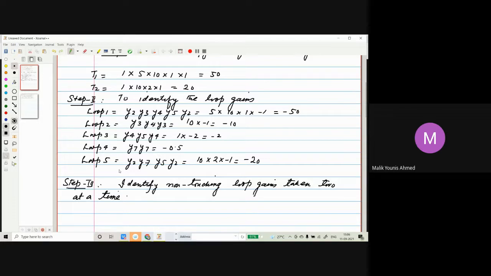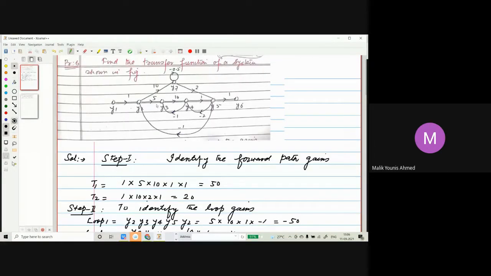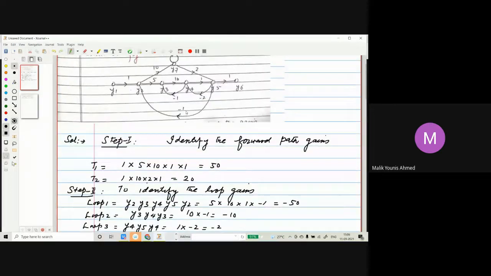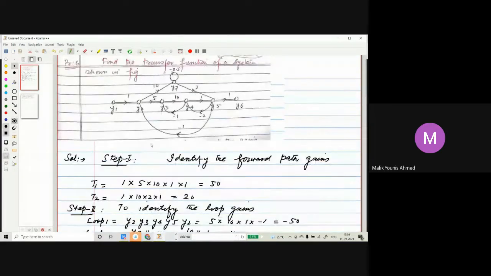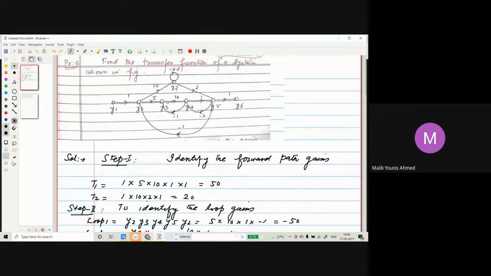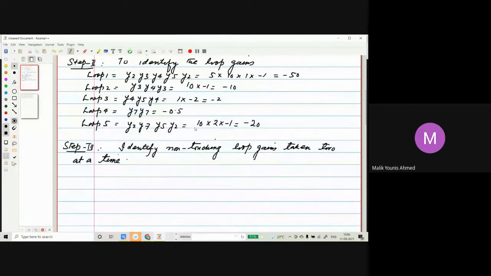Okay, so very clearly loop 1 and loop 4 are not touching. Then loop 2 and loop 4, this one, y3, y4, y3, are not touching, and loop 3 and 4 also are not touching. So this is the combination we have.